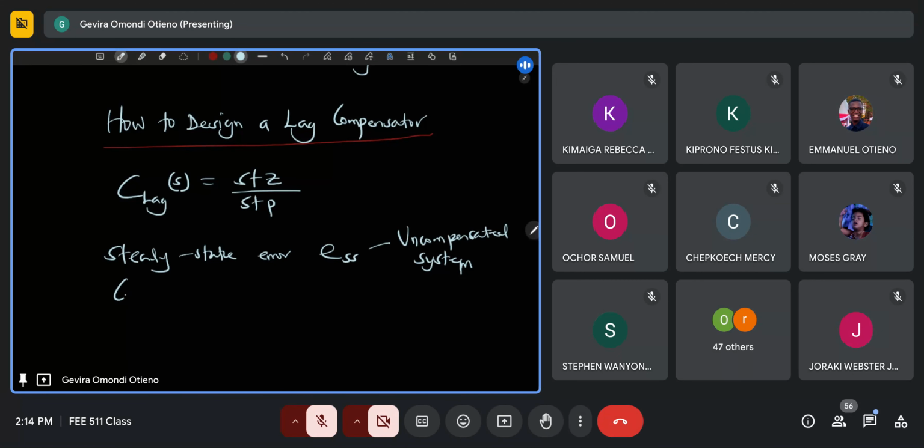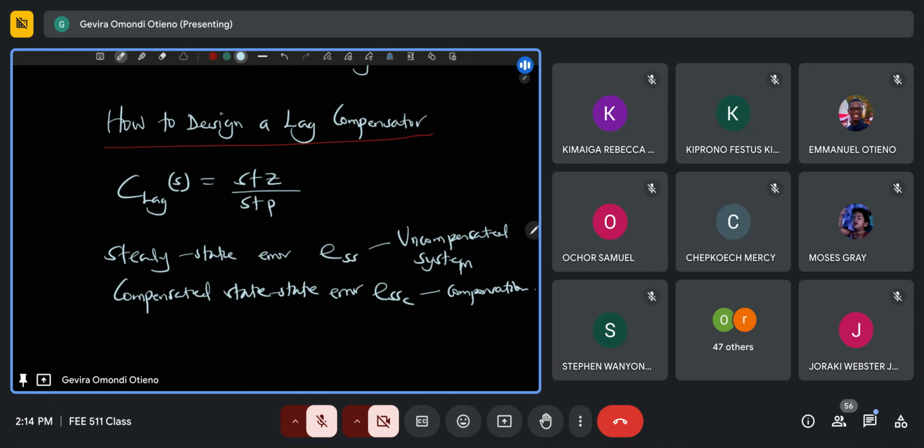But then there is the compensated steady state error, okay? The compensated steady state error is what we need to come up with. This would be denoted by ESSC. So this is now the compensation.